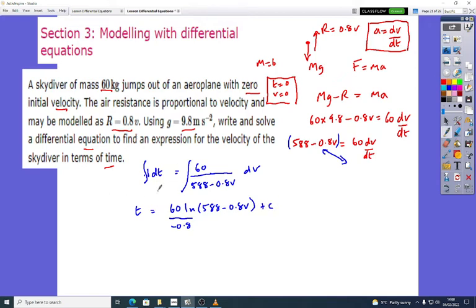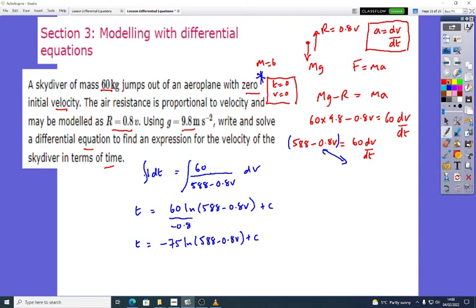Okay, so we're okay so far. What we can do now is quickly simplify this. So t equals, if you do 60 divided by minus 0.8, you get minus 75. So that gives me minus 75 ln of 588 minus 0.8 v plus c. Now I can start putting in my initial condition.